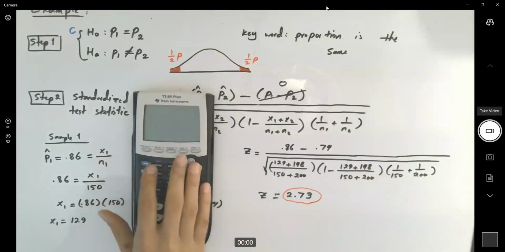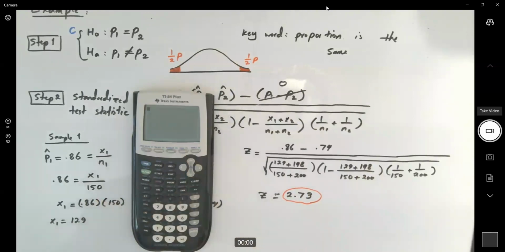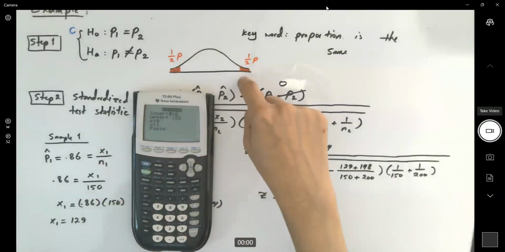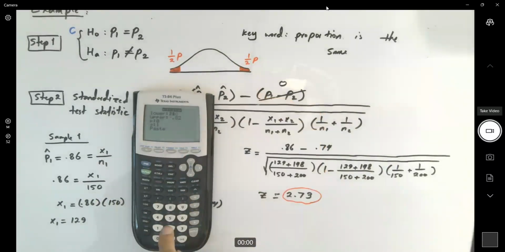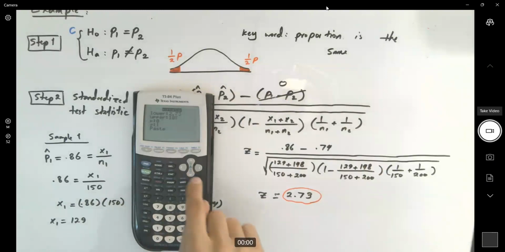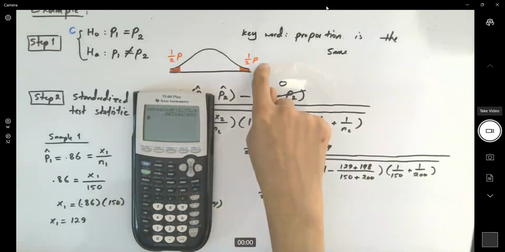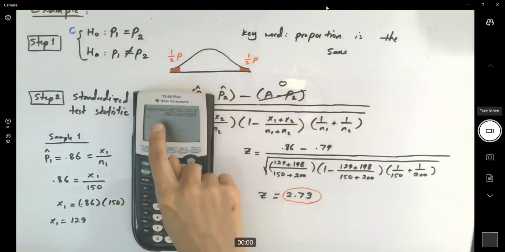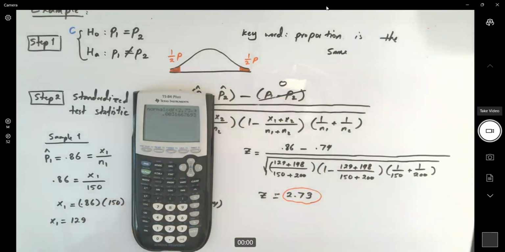Turn it on. Second, VARS, normal CDF. Your lower limit is 2.73, your upper limit is, for example, 10, and your mean is 0, standard deviation is 1. If you paste it, you get half of the area, which is 0.003.